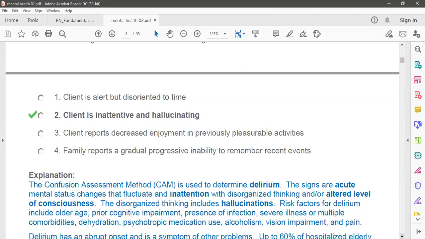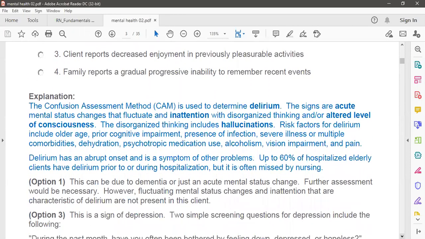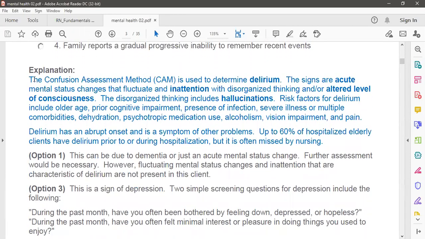Right? So let me read their explanation. The Confusion Assessment Method, shortly called CAM, is used to determine delirium. This is one scale. The signs are an acute mental status change that fluctuates, and inattention with disorganized thinking or altered level of consciousness.